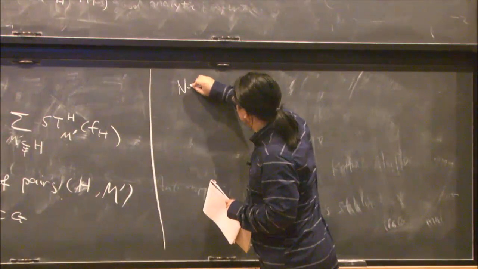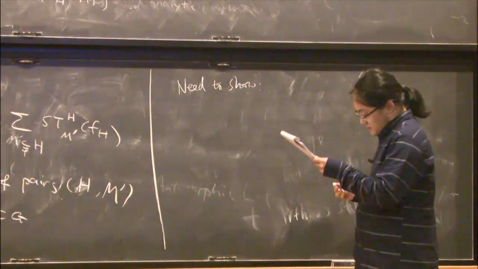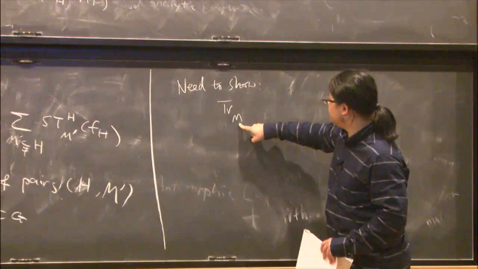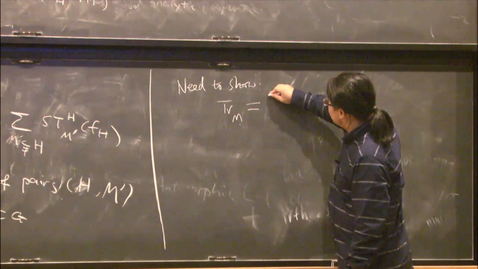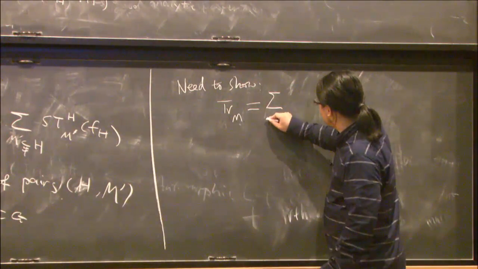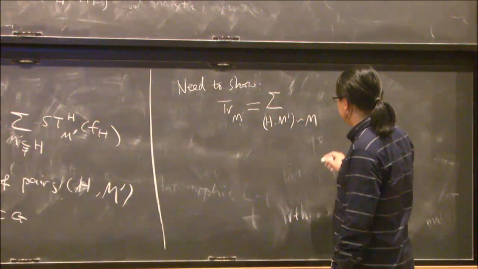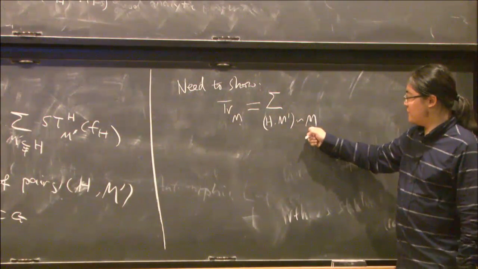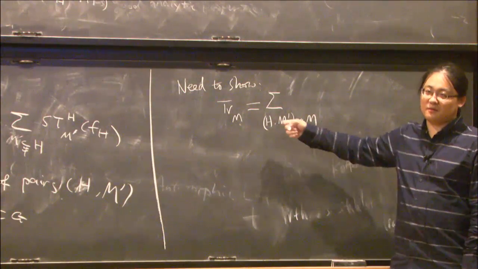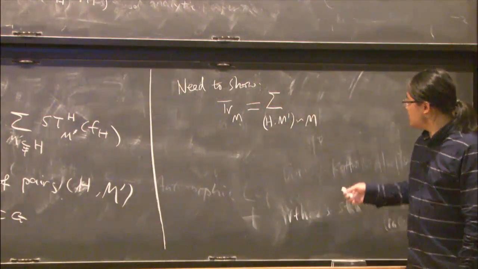And we need to show that this contribution of M to the Shimura variety should be equal to the sum of the contributions from pairs H and M prime, which are sort of labeled with M. So some of the pairs are labeled with M, some of the pairs are labeled with another M, and some of them are labeled with nothing.